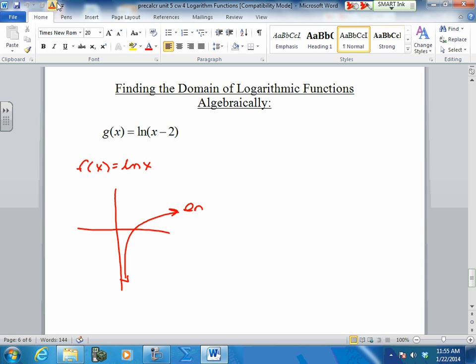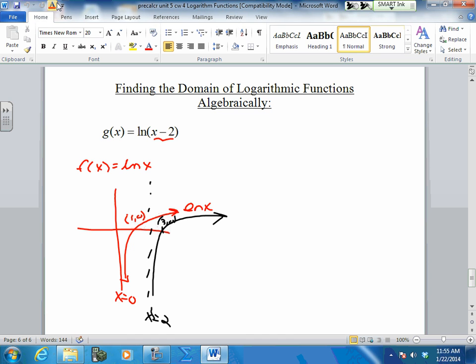Now, this says you're going to shift it which way? To the right. So this point right here is just going to the right 2 places. So it's now at 3, 0. My asymptote, which was x equals 0, is now going to the right 2 places, which is x equals 2.